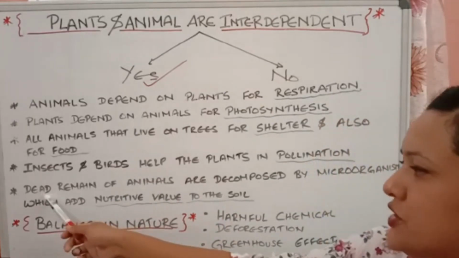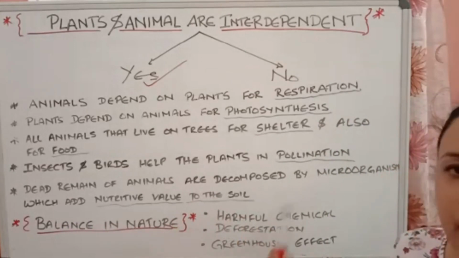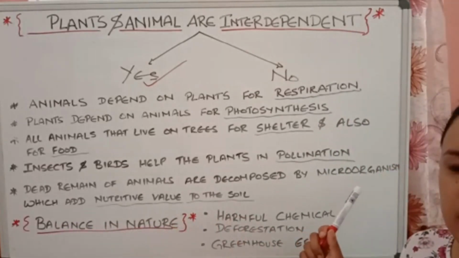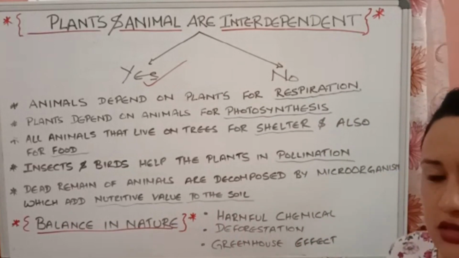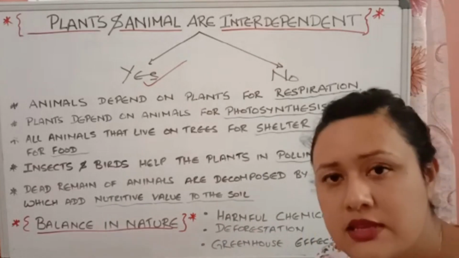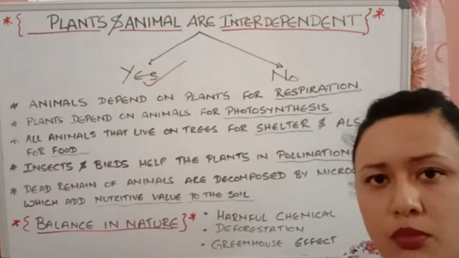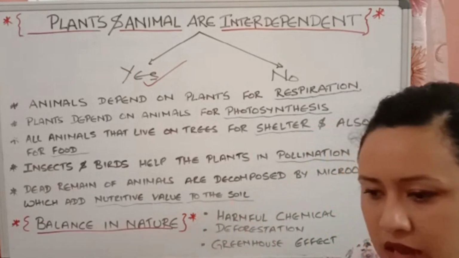Another one is dead remains of animals are decomposed by microorganisms. Please don't forget about microorganisms. They are present in the ecosystem. They are also interdependent. So the dead remains of plants and animals are decomposed with the help of microorganisms. Yes or no? And when they are decomposed, what happens?